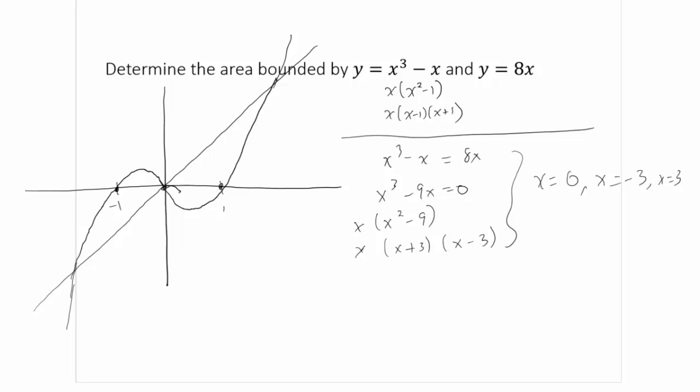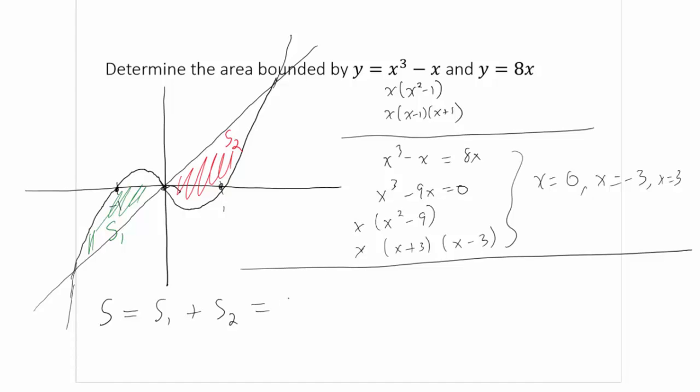All right, so then I'm going to think of this region right here. I'm going to call this region S1, and I'm going to call this region here S2. And so my basic idea then would be that the total area I'm calling S would be S1 plus S2.